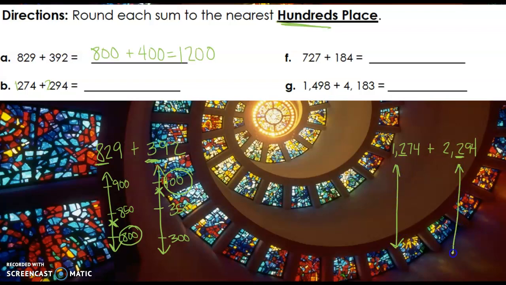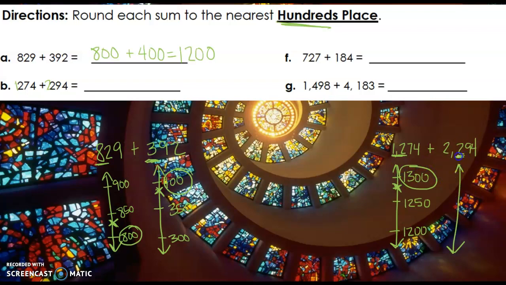Draw both my number lines. Okay, so on this one I have 200, but I also have 1,000. So I'm going to underline both and say I have 12 hundreds. Then 100 more is 13 hundreds. The middle point, 1,250. So then 1,274 would be just above this, right about there. So this one's going to round to 1,300.